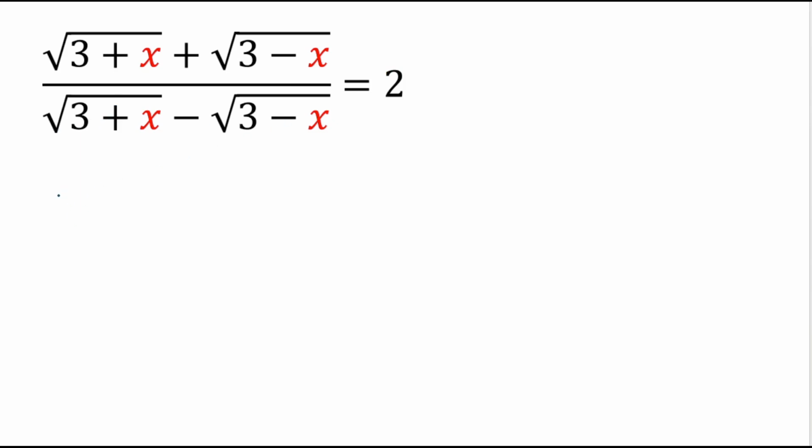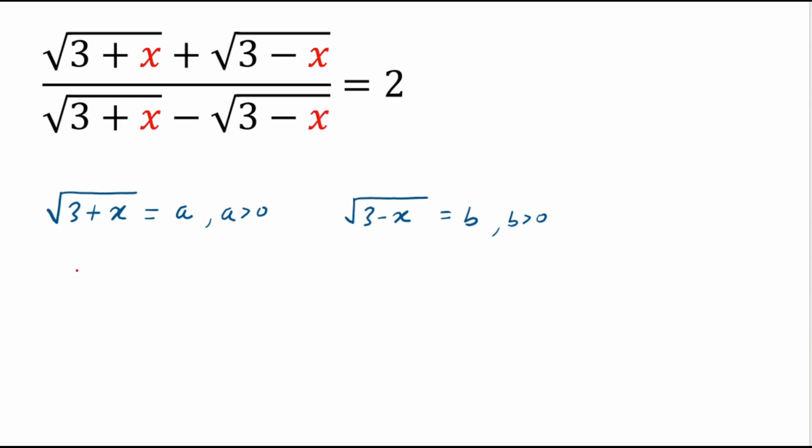If we substitute √(3+x) = a and √(3−x) = b. On the left-hand side we have square roots, so we can say a is greater than 0 and b is greater than 0.